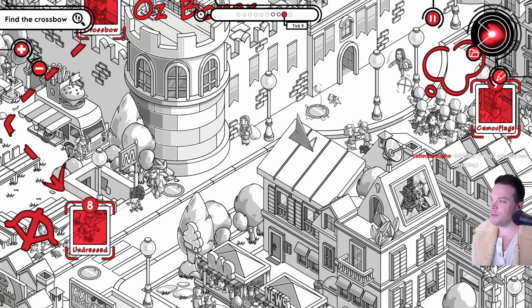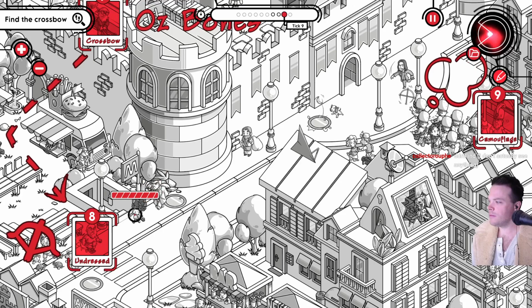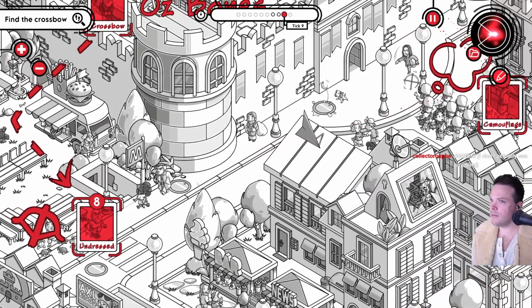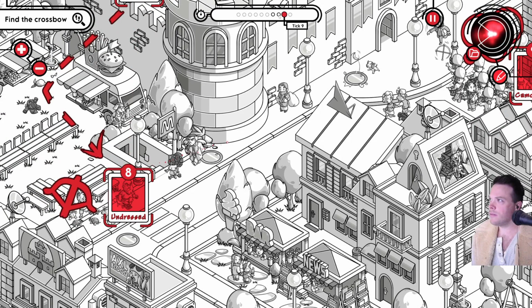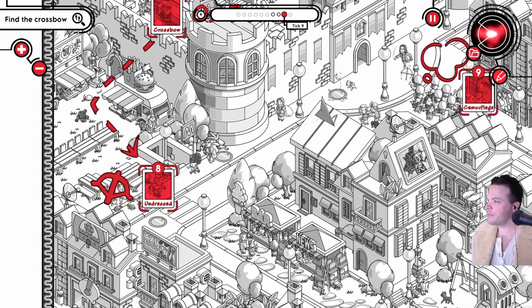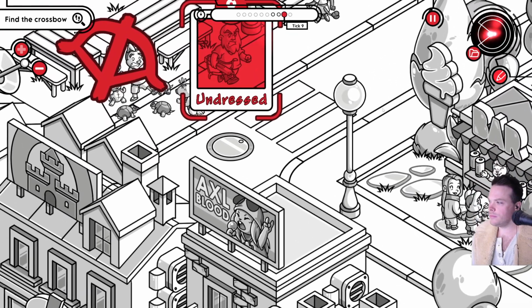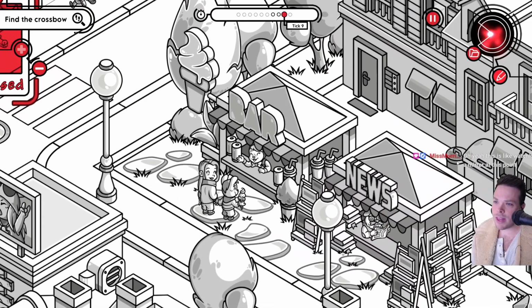Like, it only makes sense for it to be between these two locations. Can I force time backwards? No. That bin.